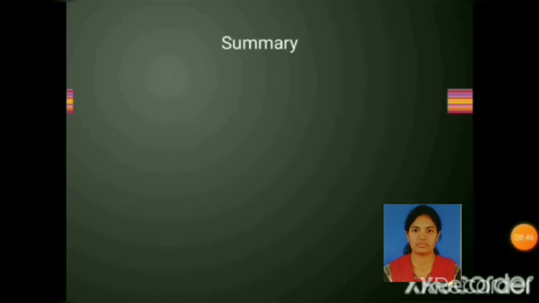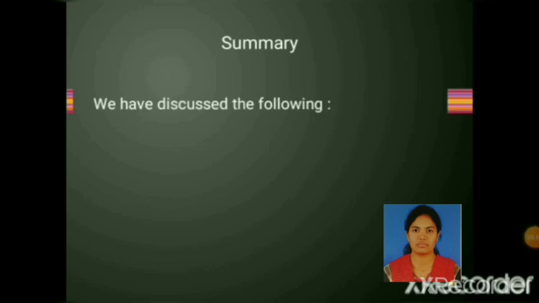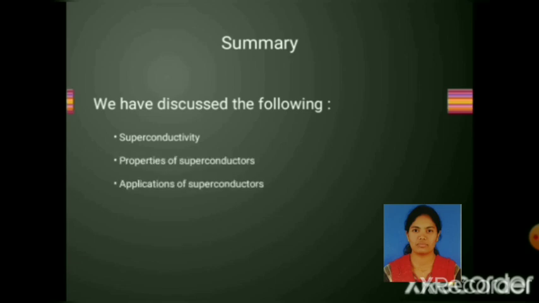So let us summarize what we have discussed. We have seen superconductivity, the properties of superconductors, and the applications of superconductors. First of all, what is superconductivity? It is a property of a material which shows zero resistance below the critical temperature.